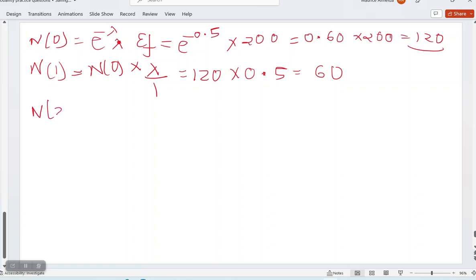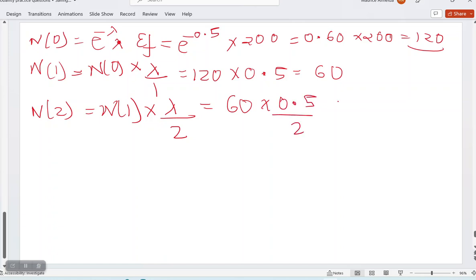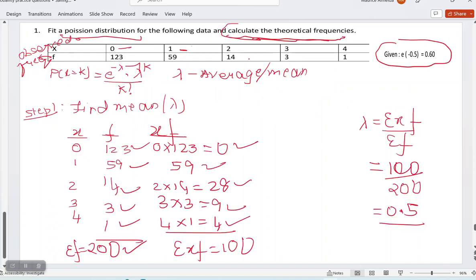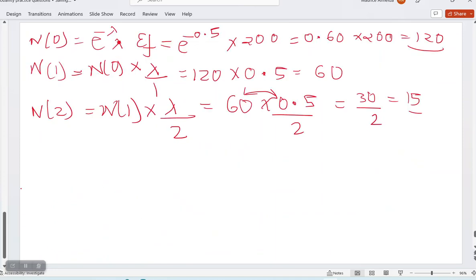Similarly, to find n of 2, the formula is n of 1 multiplied by lambda upon 2. N of 1 is 60, the previous value. Lambda is 0.5 upon 2. If you multiply 60 with 0.5, you will get 30. 30 upon 2 is 15. Again, the theoretic frequency is very close to the observed frequency.